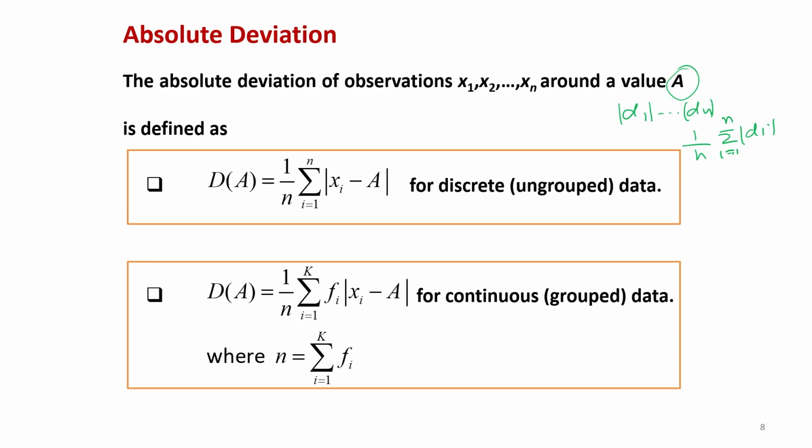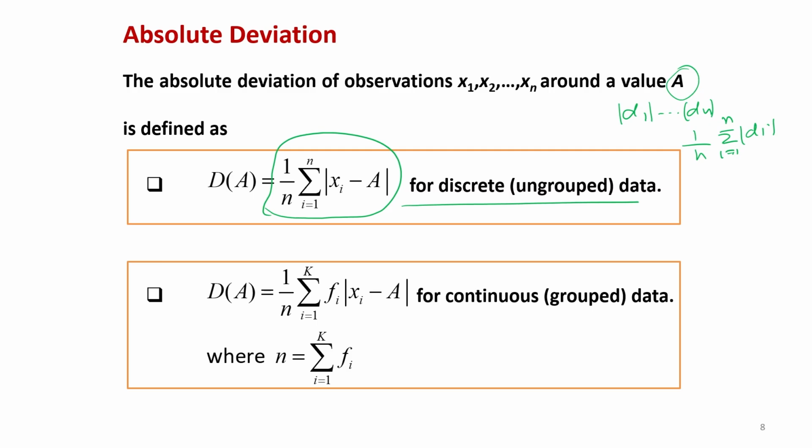So this is what I am writing here: 1 upon n summation i goes from 1 to small n of the absolute value of xi minus a. This is for the discrete or ungrouped data, and you can recall that when we developed the arithmetic mean for grouped and ungrouped data, we used a similar definition and similar methodology. So the same thing I am using here once again.